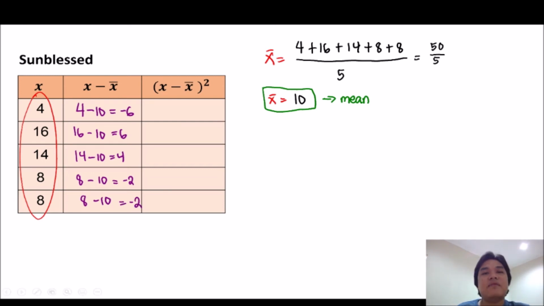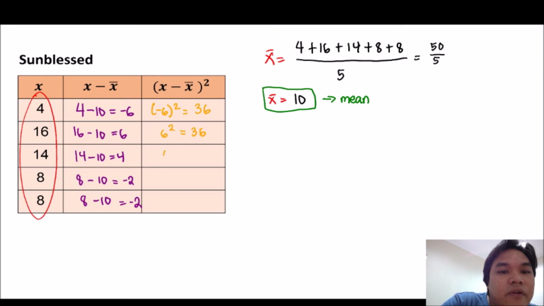After we take the deviations, we're going to square it. So negative 6 squared is 36. 6 squared is also 36. 4 squared is 16.